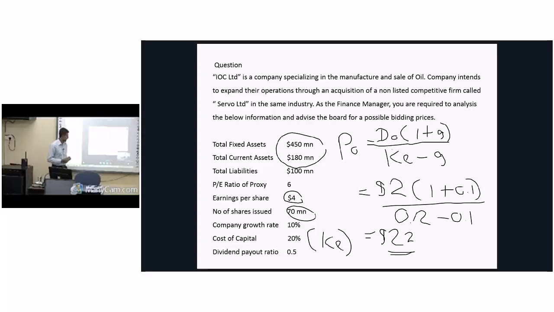Now, we will learn this in the future. When you are going to take over a firm, if you don't know the limit or the price at which you are going to stop bidding, sometimes you will pay a price which is not realistic, or you call this overpaying.